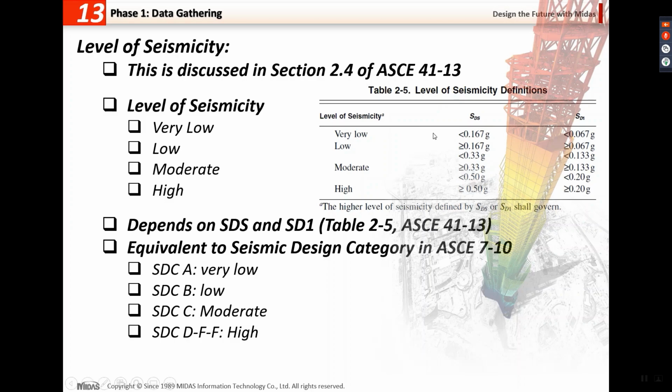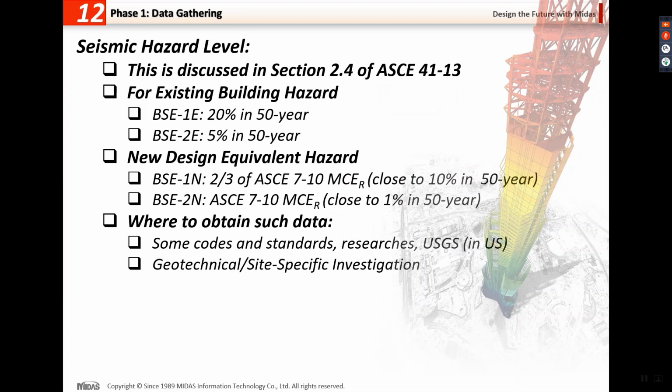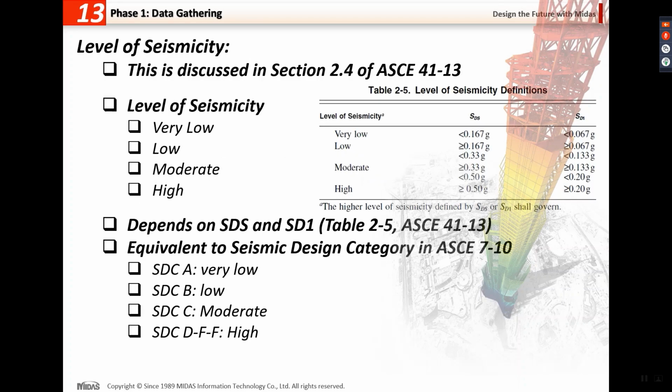This depends on SDS and SD1, based on the data, as I have said before, from geotechnical or site-specific research and codes. Equivalent to seismic design category in ASCE 7-10, SDC A is very low, SDC B is low, SDC C is moderate, and SDC D, E, F are high.